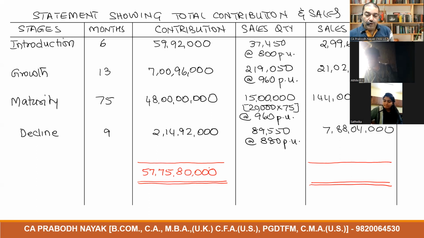Sales: 175 crores, 90 lakhs, 52,000. Correct now? 175 crores, 90 lakhs, 52,000 is the total revenue.